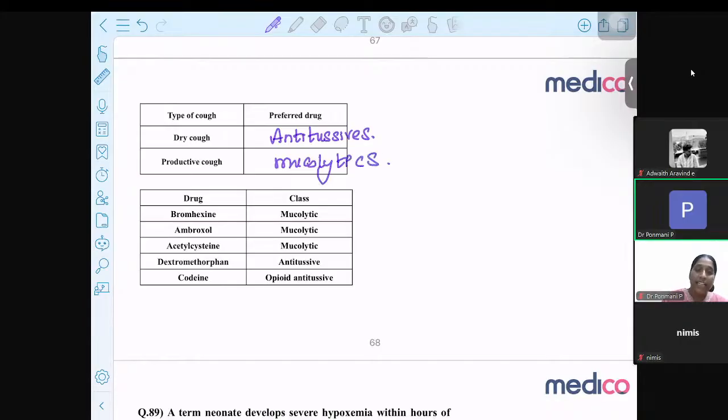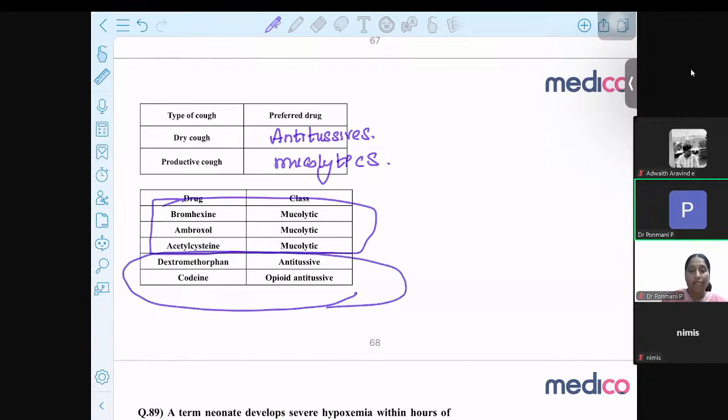What are the antitussives and mucolytics available? Bromhexine, ambroxol, and acetylcysteine are all mucolytics. The antitussives available are dextromethorphan and codeine. So these should be used for dry cough, and the mucolytics should be used for cough with sputum, that is, for productive cough.